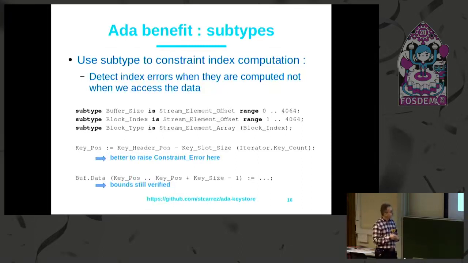By using subtypes, I was able to make sure that the constraint on my key position applied at the place where I'm doing the computation. It happened to me a lot of times to make an error in this kind of computation, and therefore get an exception at the position where I do the computation and not at the place where I'm using it.